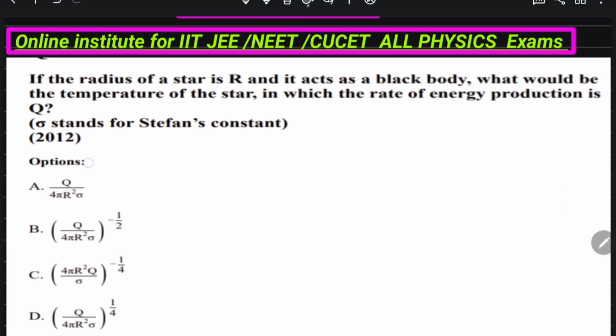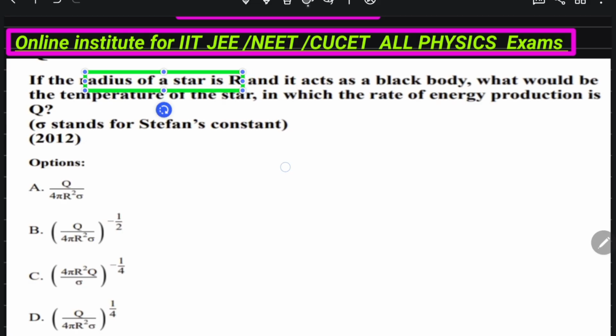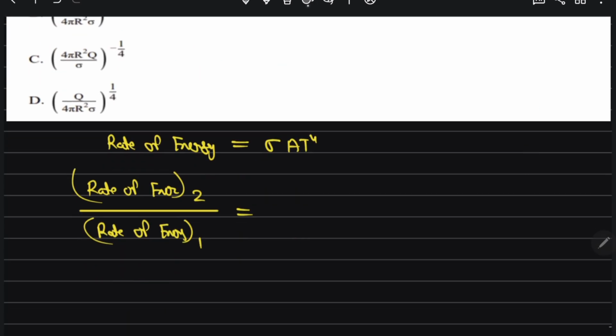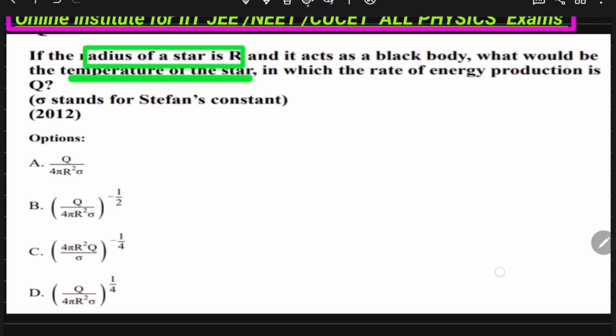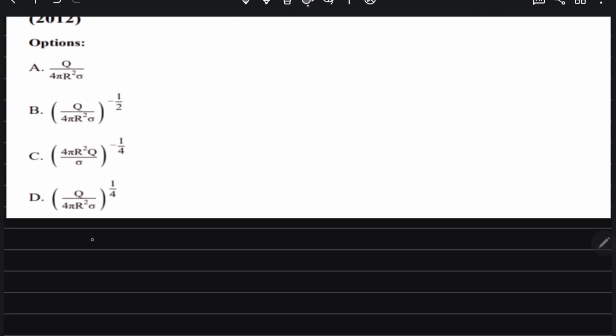Look, if the radius of the star is r and it acts as a black body, what would be the temperature of the star at which the rate of energy production is... Just one minute. According to Stefan's law, Q is equal to sigma A T to the power 4.